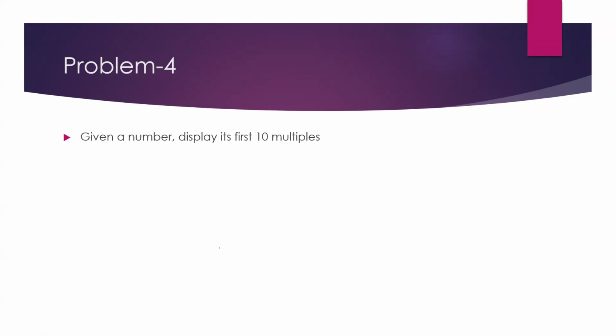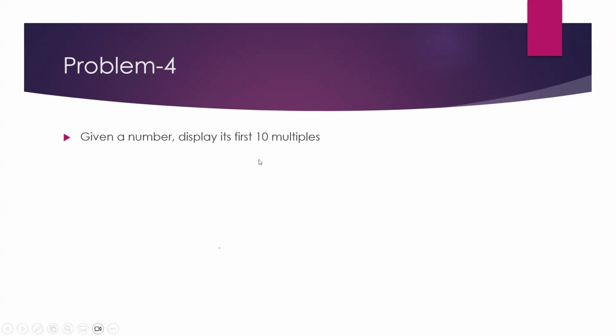So essentially, we are talking about the table of 2. Or if the input is 5, we're talking about the multiplication table of 5. So our first multiple is 5, then 10, 15, 20, 25, and so on. This way, we have to just display the first 10 multiples.